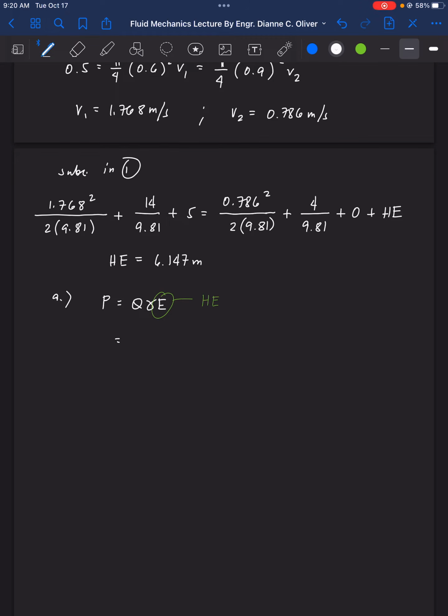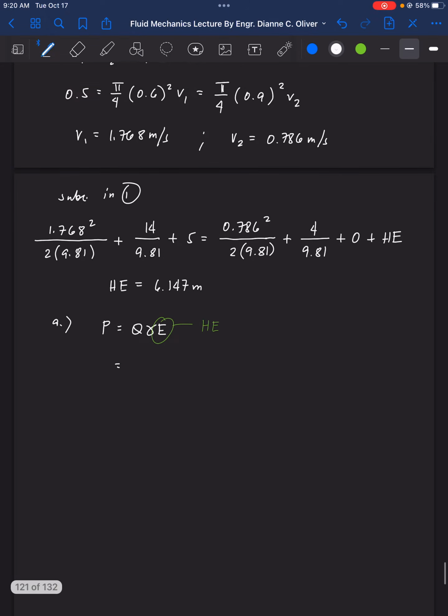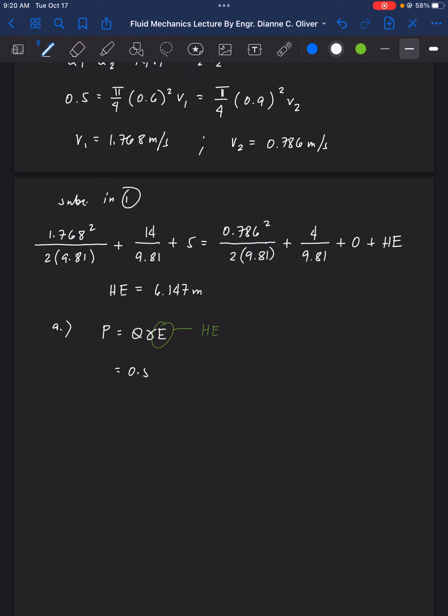So, our Q is 0.5, then water 9810, and then our E is 6.147.